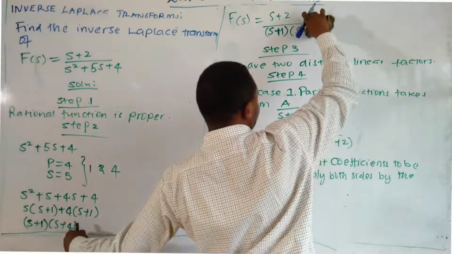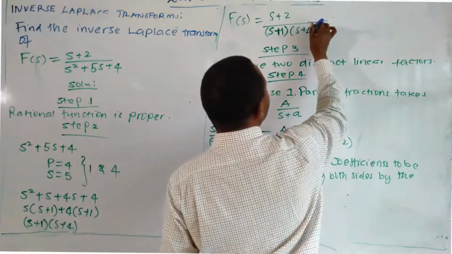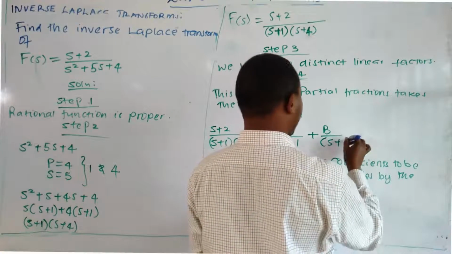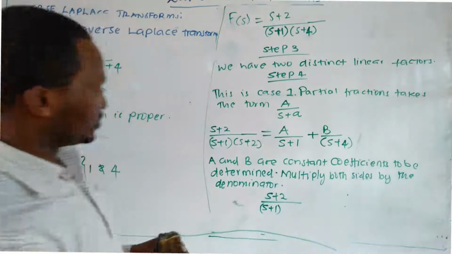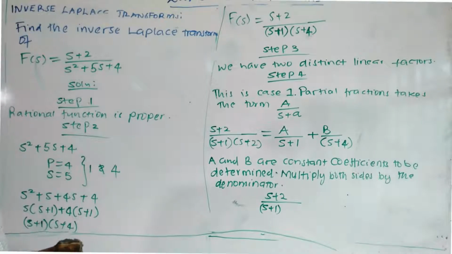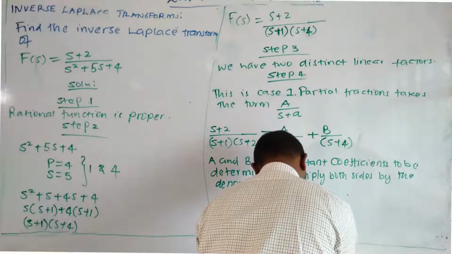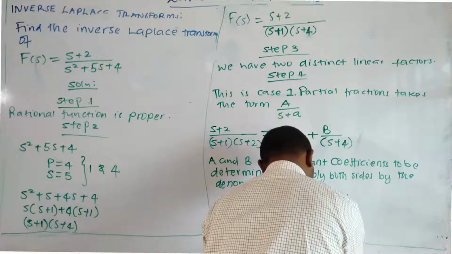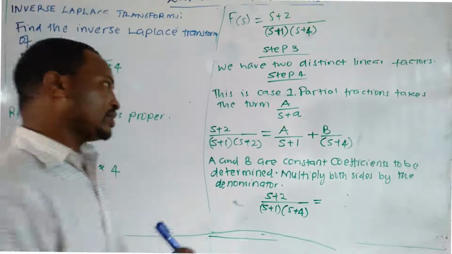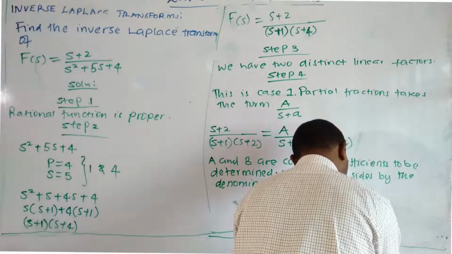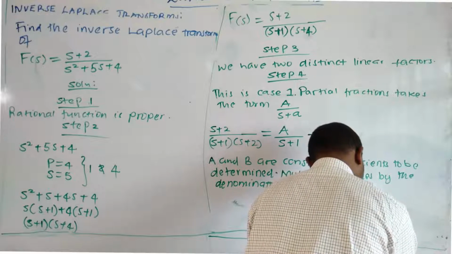This 4. I don't know what was in my mind when I decided to change the 4 to 2. S plus 2 over S plus 1, S plus 4 is equal to A over S plus 1 plus B over S plus 4.